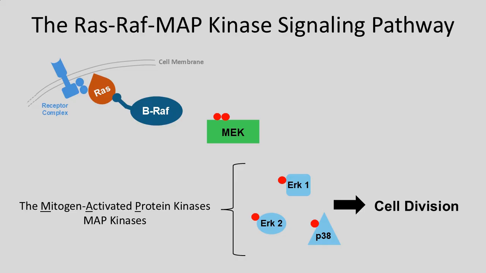This pathway is a primary control point for tissues to stimulate cell growth. In many human cancers, mutations occur that alter the proteins in this pathway so that they become stuck in their active, signal-promoting form. Continual signaling from the RAS MAP kinase pathway leads to uncontrolled cell division.